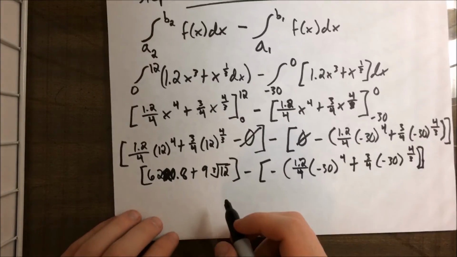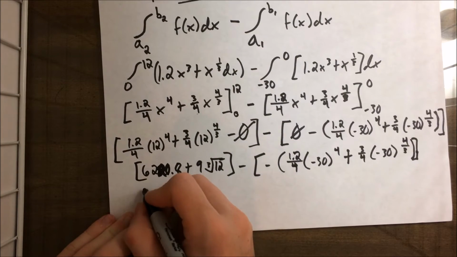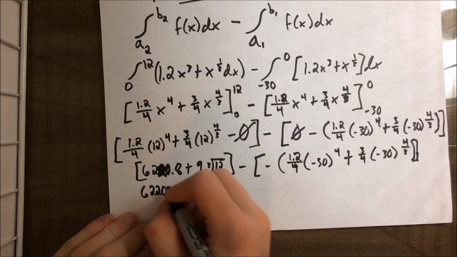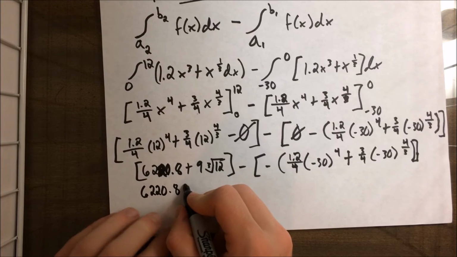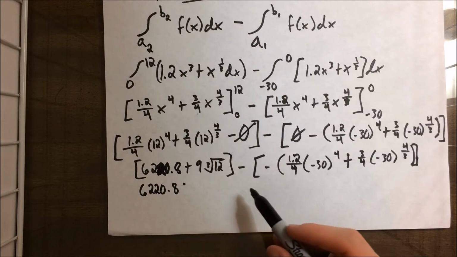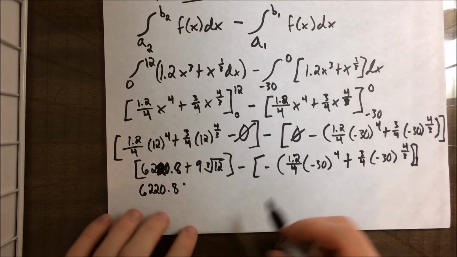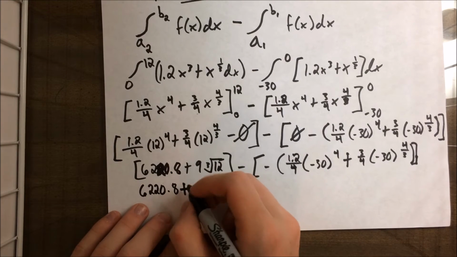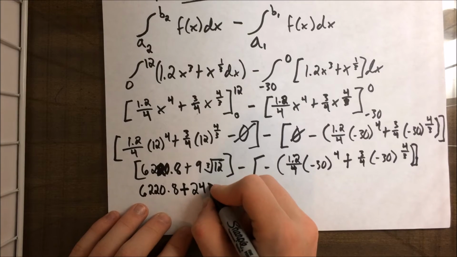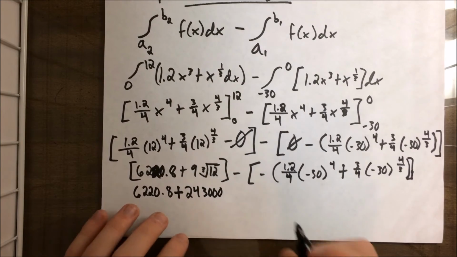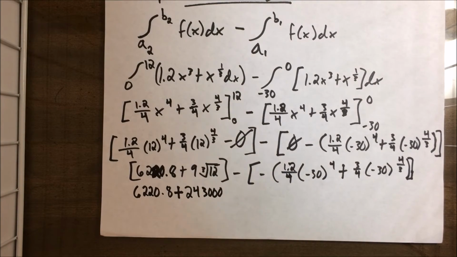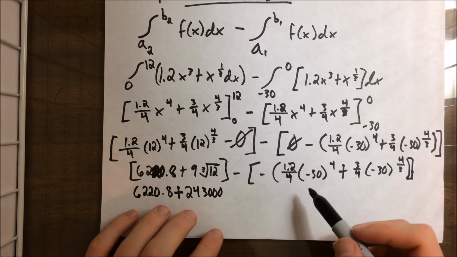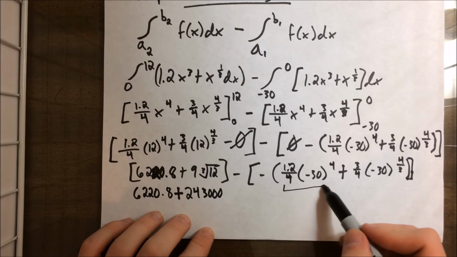Okay, and then simplify further, so 6220.8, and then I'm going to go ahead and combine these. So plus 243,000, so 243,000 is what this first part becomes.